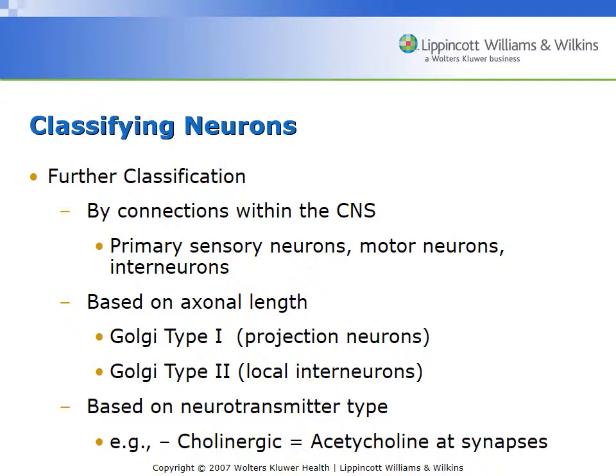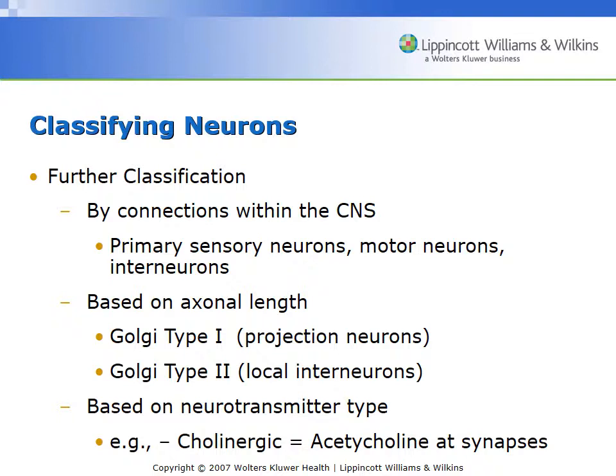They can also be classified based on their axonal length, Golgi type 1, Golgi type 2, which are local interneurons. And they can also be classified by the neurotransmitters that they emit, like cholinergic neurons that release acetylcholine in the synapses.